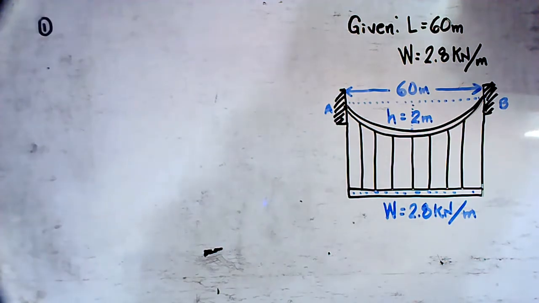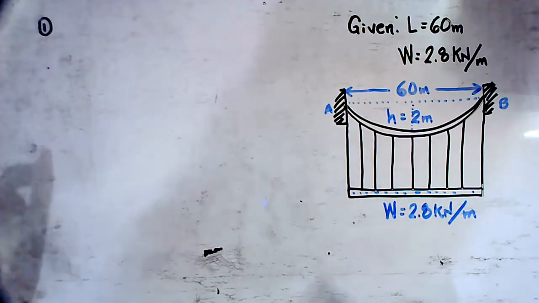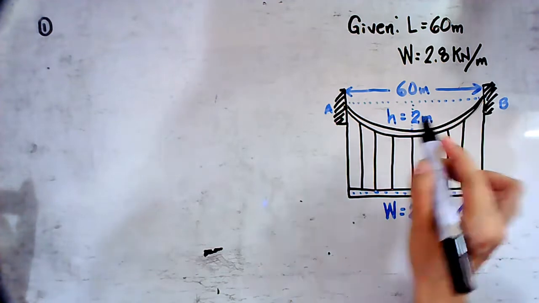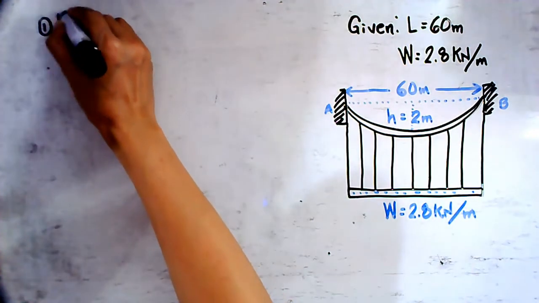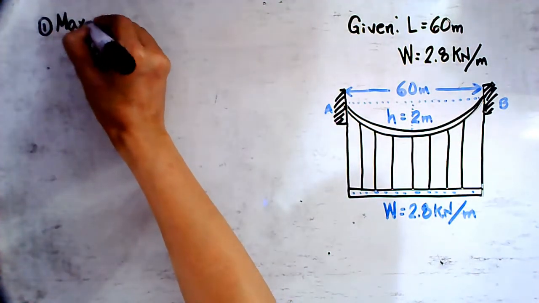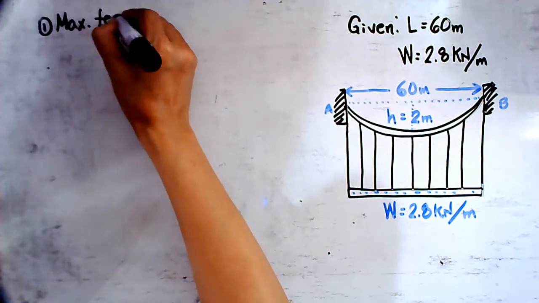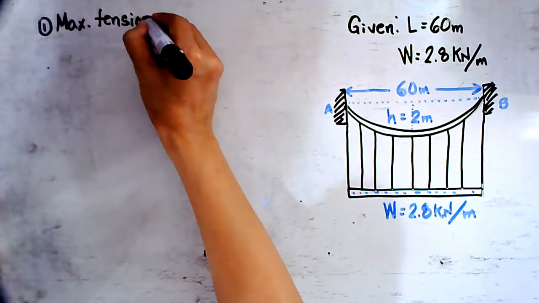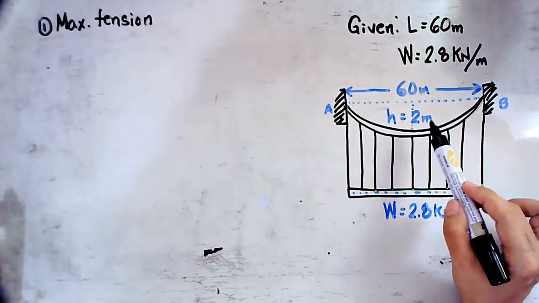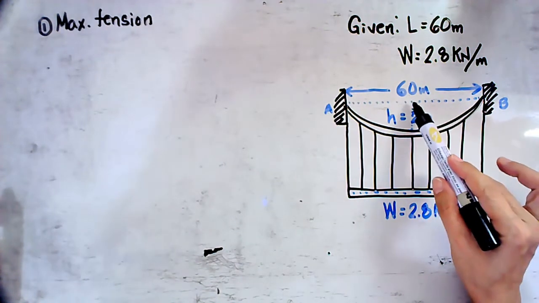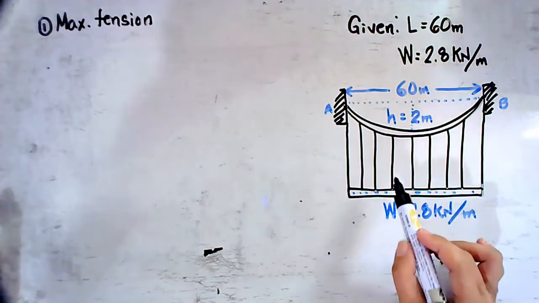So to answer the first question, we are going to determine the maximum tension at the support if the sag is 2 meters. So we have to determine the maximum tension, and the condition is the sag is 2 meters.